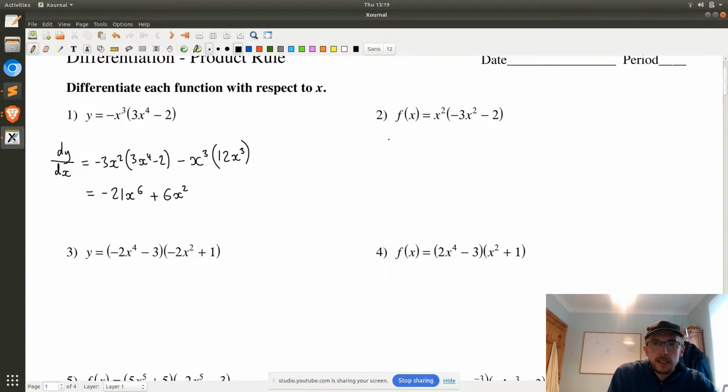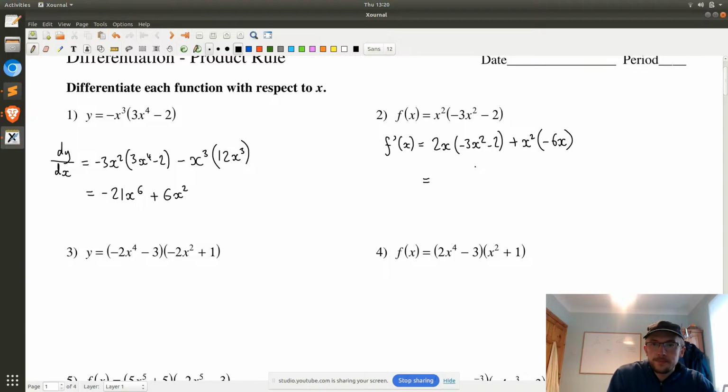Okay, now f prime of x, differentiate the first one and leave the second one alone. And now differentiate the second one and leave the first one alone. So it should be like that.